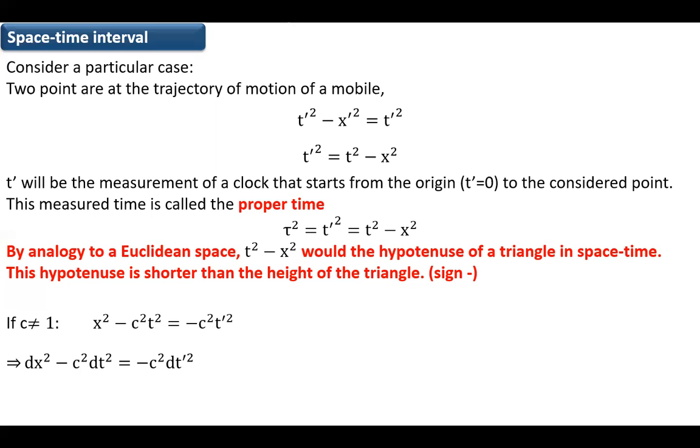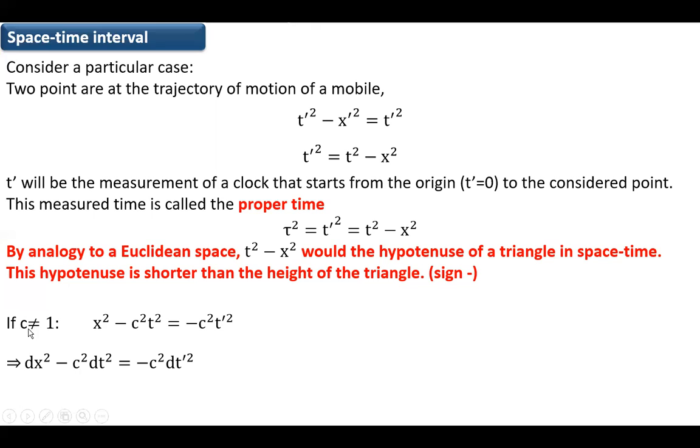Of course, this hypotenuse is shorter than the other sides of the triangle, because you have the minus sign. Again, you have to scratch your brain and imagine a 4-dimensional space where distances are not straight lines, and the hypotenuse of a triangle could be shorter than the other sides of the triangle.